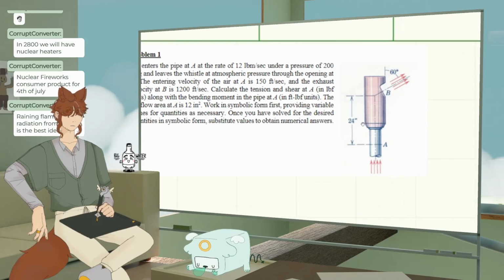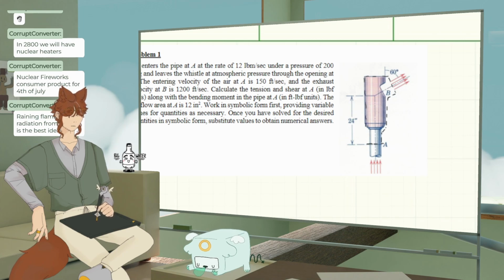This one, it's a whistle. We have air entering a pipe at a certain pressure, so there's a pressure force. I'm going to cut through the pipe. It enters at a rate of that under pressure, and leaves the whistle at atmospheric pressure, so I'm going to cross here. It's not compressible, which is just sort of annoying.